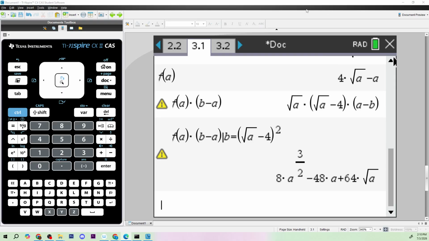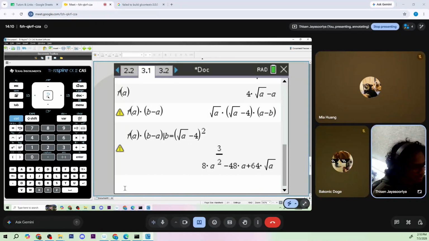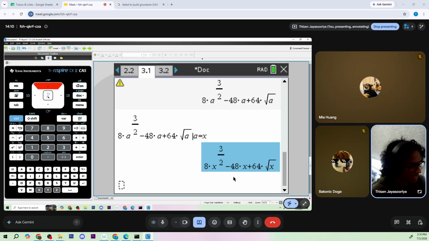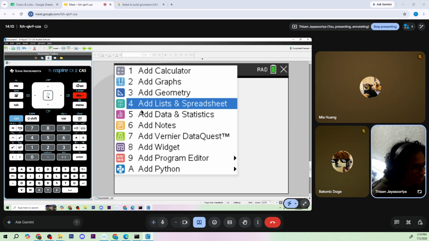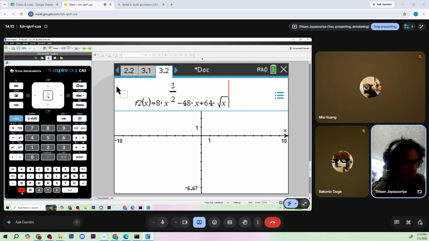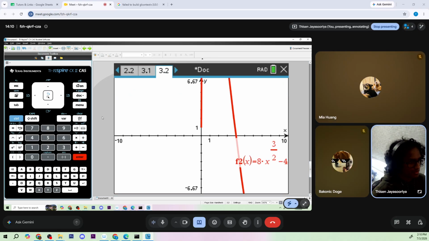Now what I can do with this function is sketch it on my CAS. Here I'm going to change it so that a is replaced with x, because I can only sketch with x on my CAS. So I do Control C and then Control Doc, go to graph, and do Control V. I sketch this one, and I'm going to see where the maximum occurs.